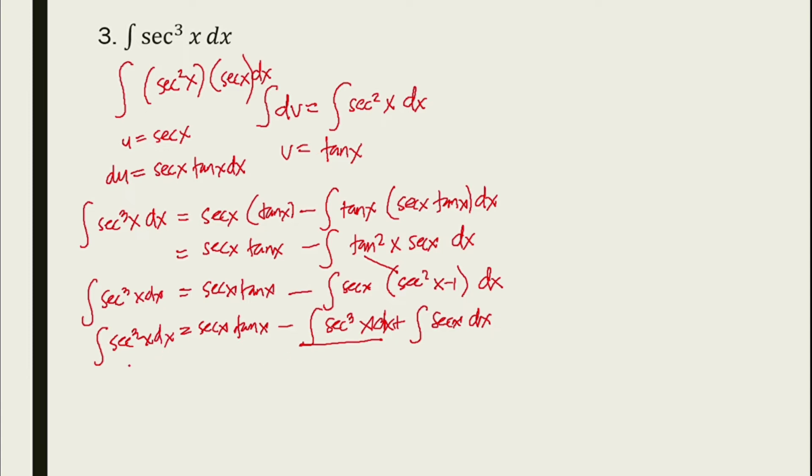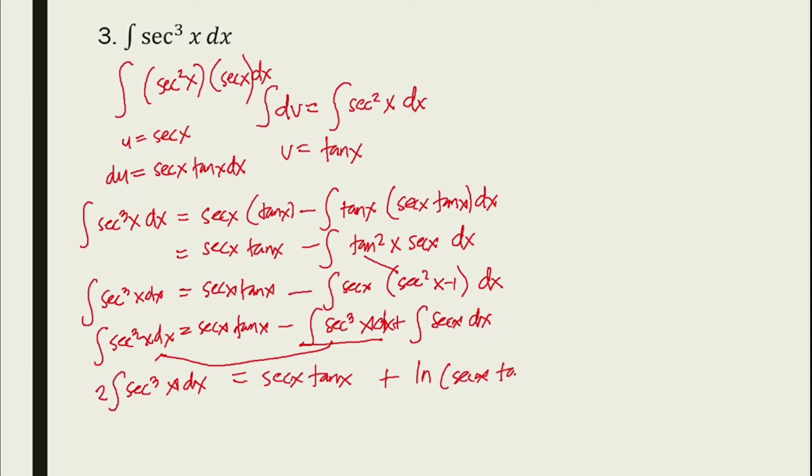So we have to transpose to the right side, which is 2 times the integral of sec cube x dx is equal to secant x tan x plus the integral of sec x, which is ln of sec x plus tan x, plus c.